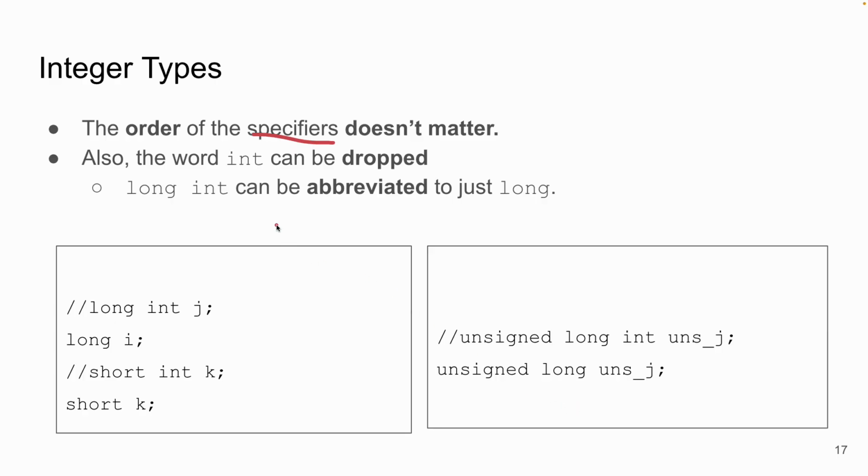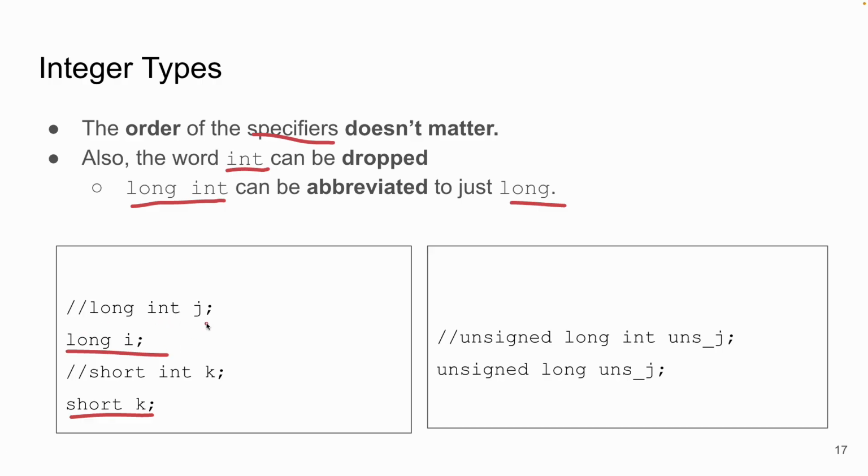Moreover, we can also drop the int word when we declare the integer variable if we have long or short in the declaration. So long int can be abbreviated into just long. We can directly write down long i, so this long i is equal to long int i.